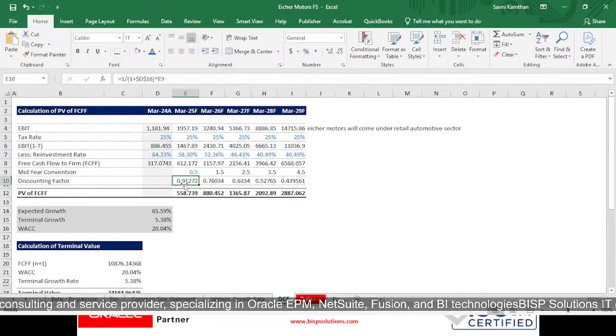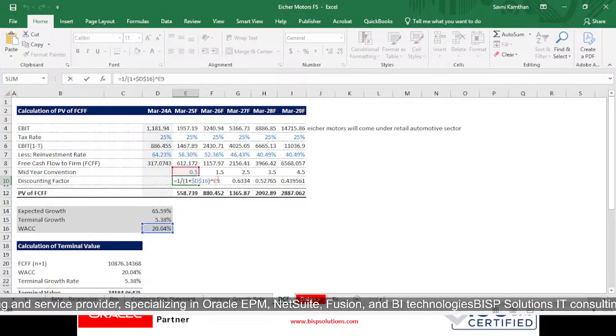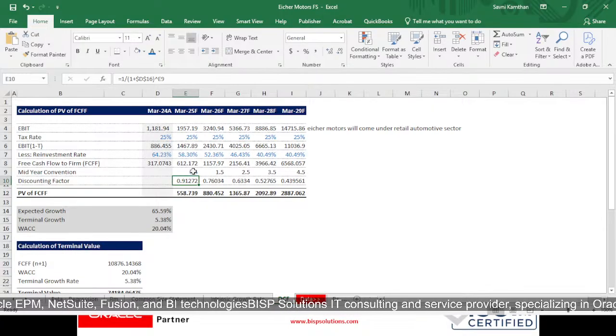If I want to calculate my discounting factor, it is 1 divided by 1 plus WACC, to the power of the mid-year convention, which is absolutely anchored, 0.5 years. So I will be getting 0.91272 and dragged it till March 29 because all our columns are completed, right?